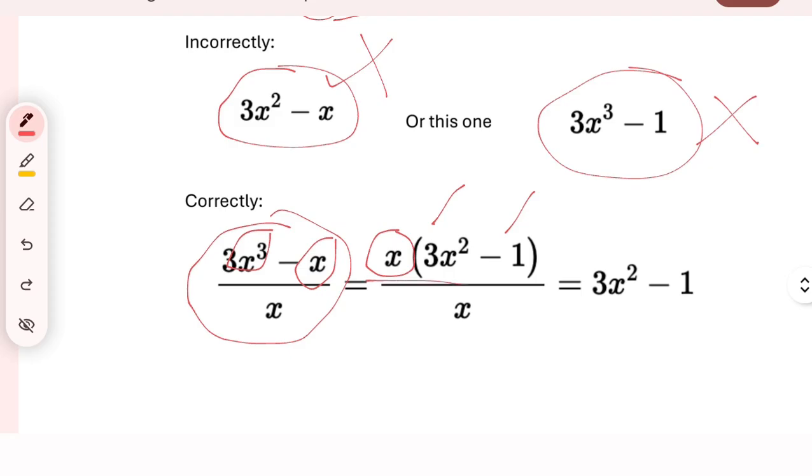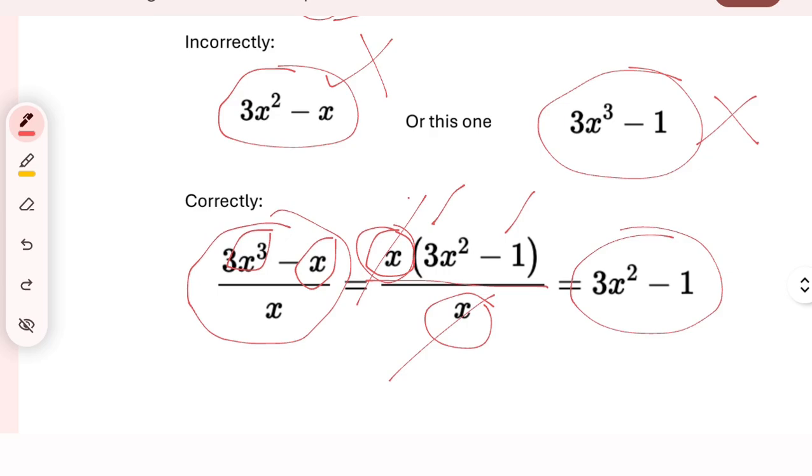And divide it with the denominator x. Now, can you cancel out this x and this x? Can you cancel both the numerator and the denominator? The answer is yes. Now we can cancel it, and the answer is 3x squared minus 1.